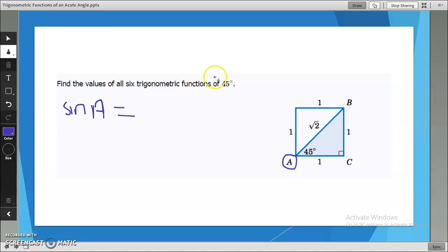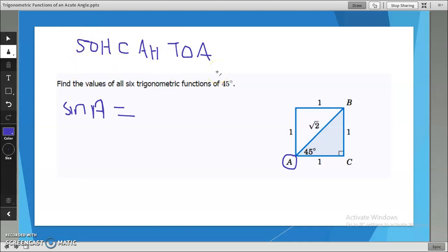If you remember, I'll write up here. Sine is the opposite over hypotenuse. Cosine is adjacent over hypotenuse. And tangent is opposite over adjacent. Now this is a little acronym that people use to help them remember the trigonometric functions, and a lot of people call it SOHCAHTOA.